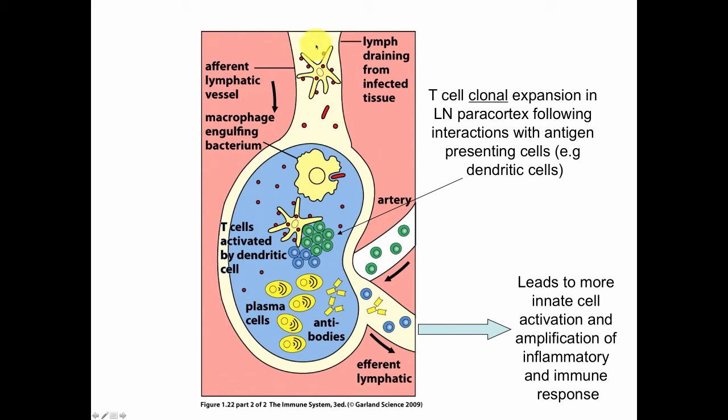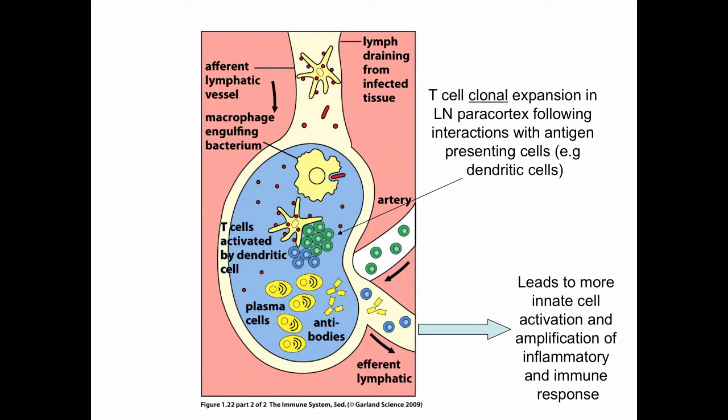And so here it's coming down through the afferent lymphatic vessel into the parenchyma or tissue of the lymph node. And if you have a lymphocyte, in this case a T lymphocyte, that has a receptor that's specific for antigens that are being presented by this dendritic cell, and remember these antigens are going to be presented by MHC molecules.